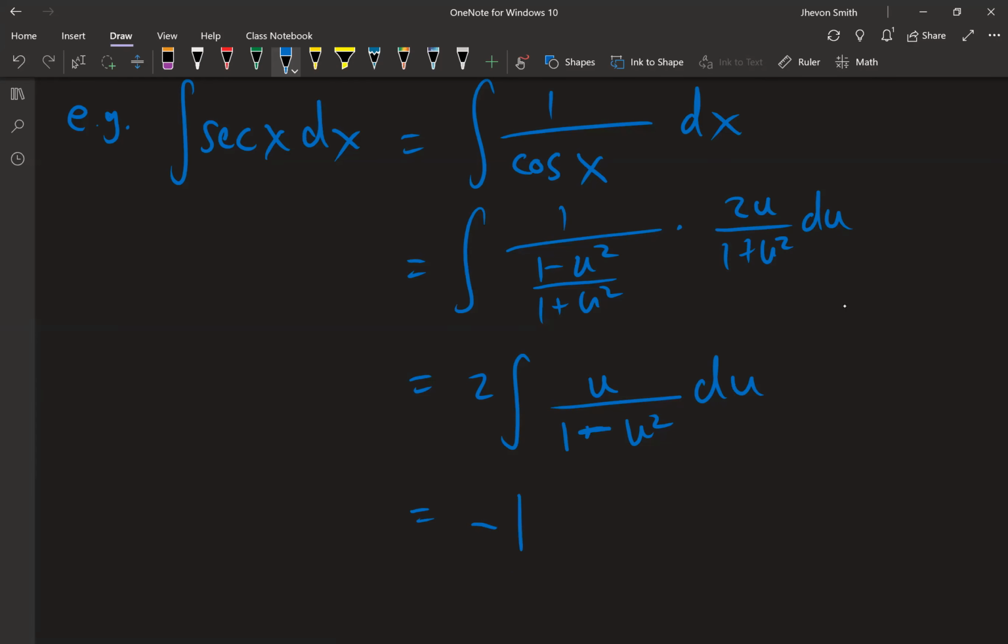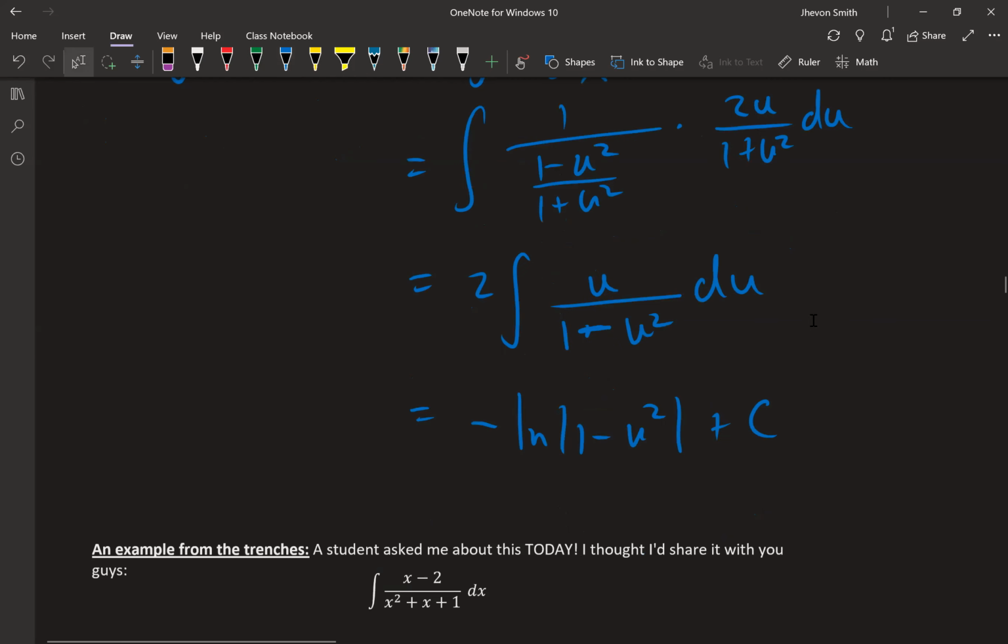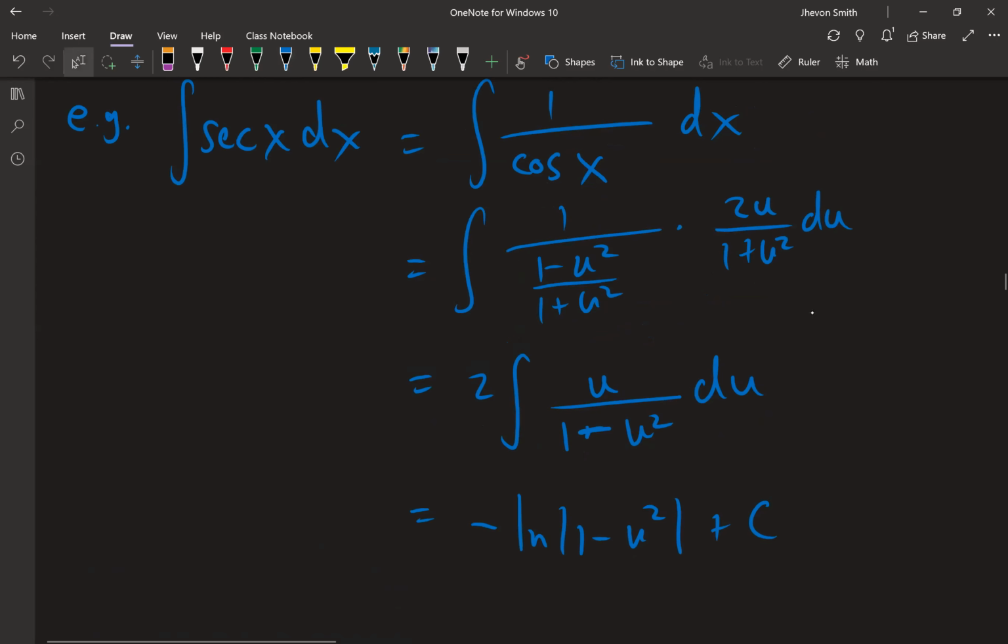This is actually going to be minus ln of 1 minus u squared plus c. And when you plug in, you'd realize that this is going to be equivalent to 1 minus cosine x plus c. Apply some trig identities and you'll get here.